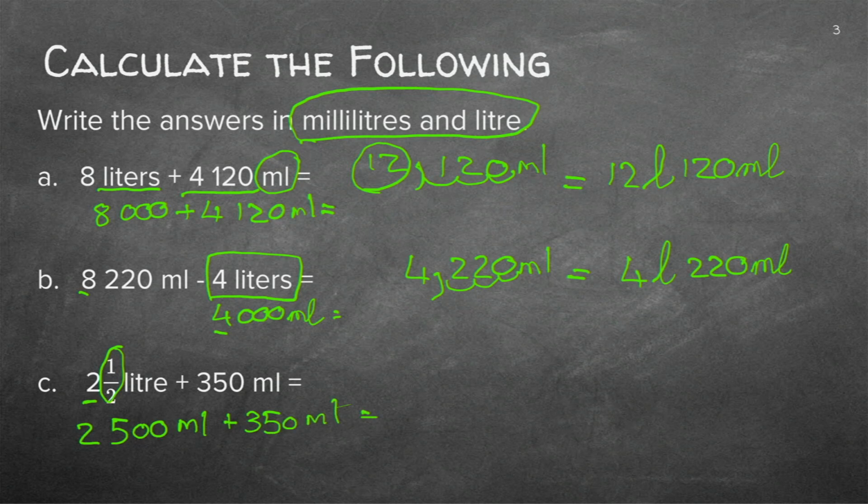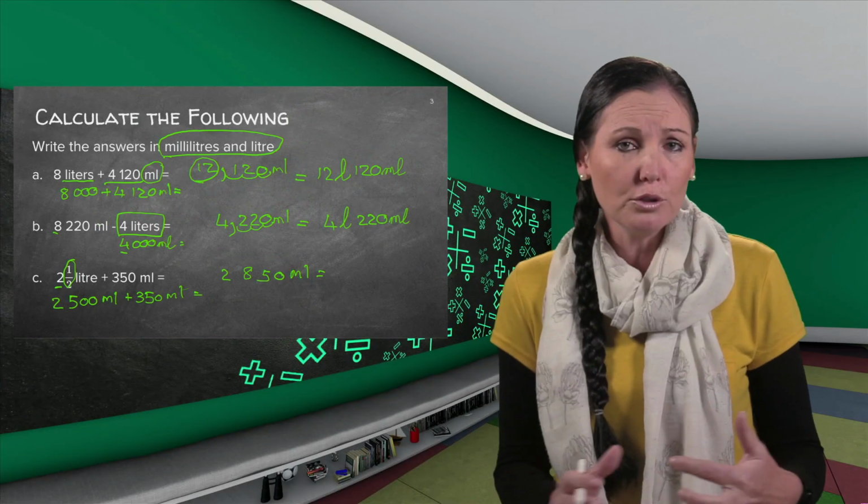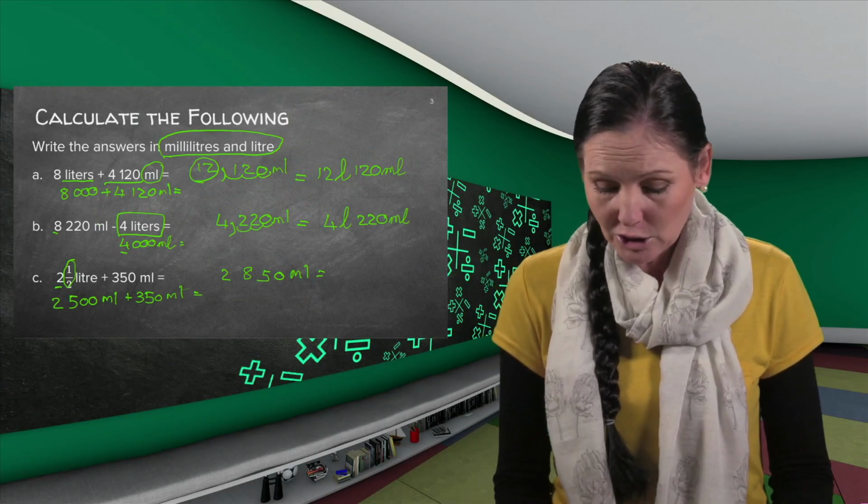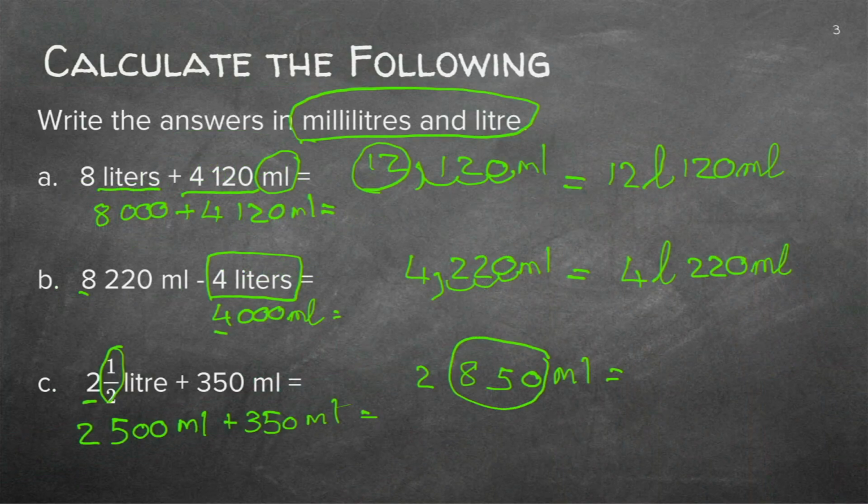And the answer will be 2,850 milliliters. And now I have to write it as liter and milliliters. And when you get used to the whole rhythm of my comma changing or moving to the left or the right hand side, you will immediately know that is my milliliters. So this will be 2 liters and 850 milliliters.